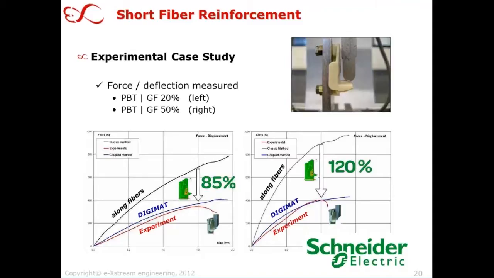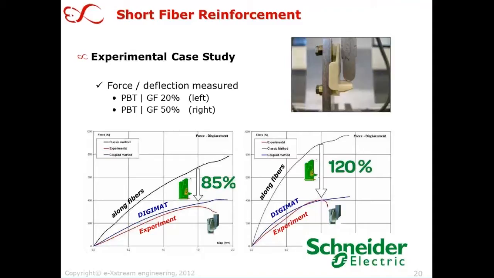But now we see that the blue curve really nicely matches with the experiment. And then if we increase the glass fiber amount, we see all of a sudden the factor between the black curve and the blue curve increases. So, 120% difference between the curves, and the blue DIGIMAT curve again matches the red experimental curve very nicely.